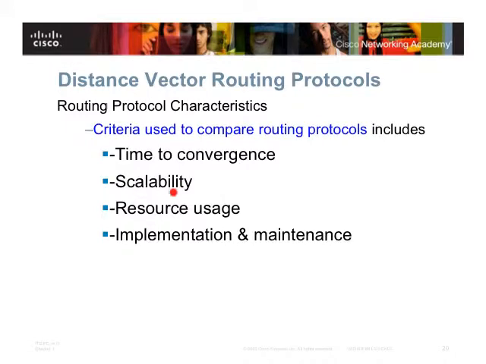Also the scalability, as we just talked about, these are correlated in a way. Scalability talks about the fact that the routing protocol will remain functional consistently as the size of the network increases.